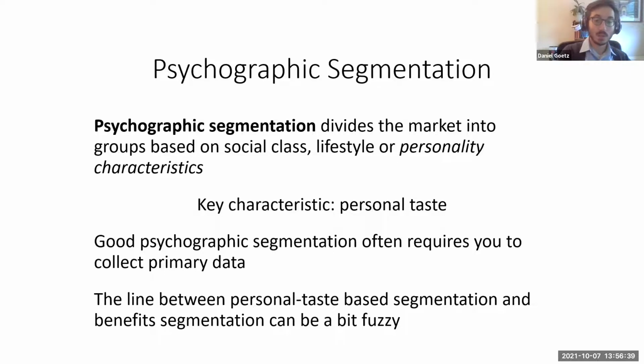That's like my personal taste. So benefits versus psychographic personal taste can be a little bit fuzzy. So I'm never going to ask you to make a sharp distinction. But they're both representing this idea that personal preference, personal characteristics are really, really important for segmentation.